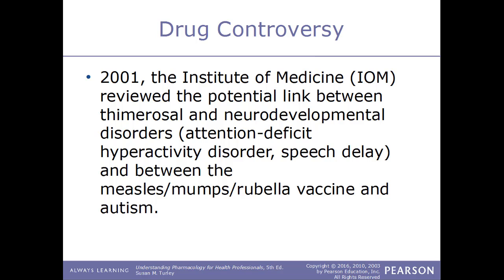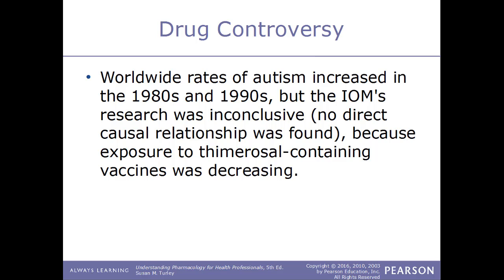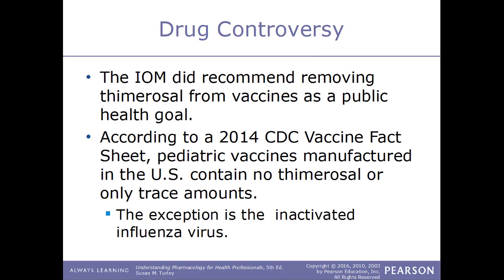In 2001, the IOM, Institute of Medicine, reviewed the potential link between thimerosal and neurodevelopmental disorders, such as ADHD and speech delays, and between the measles, mumps, rubella vaccine and autism. Worldwide rates of autism increased in the 1980s and 1990s, but the IOM's research was inconclusive. No direct causal relationship was found, because exposure to thimerosal-containing vaccines was decreasing. The IOM did recommend removing thimerosal from vaccines as a public health goal.